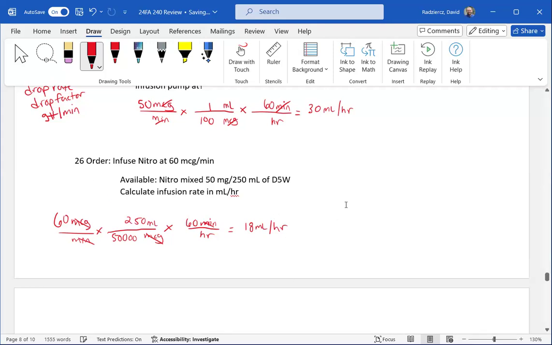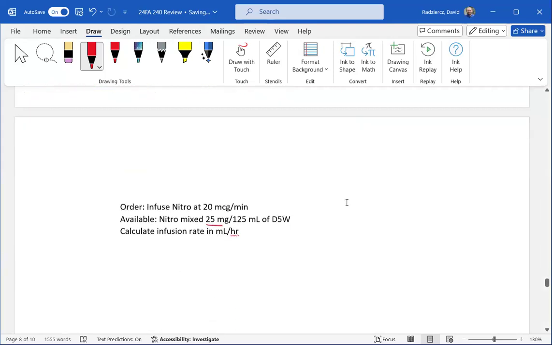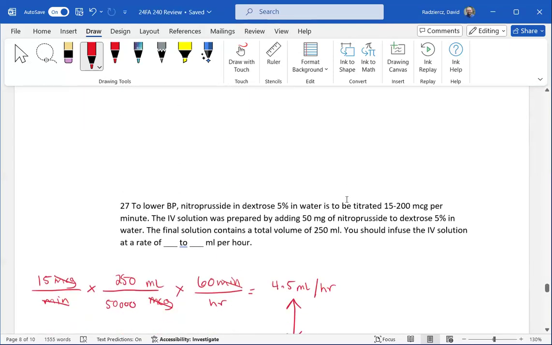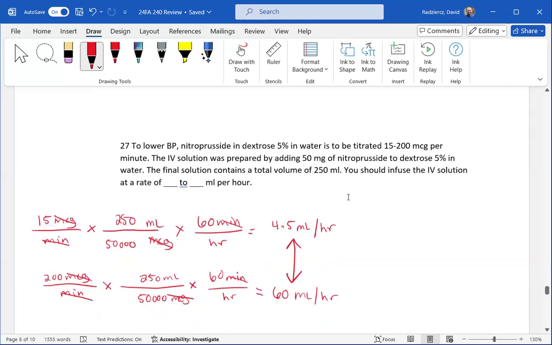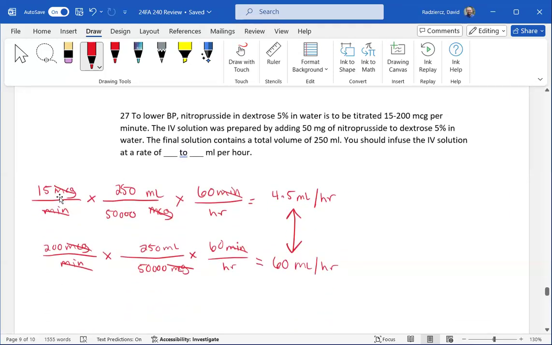So that's what these nitro ones are. There might be one. I just want to see if there's another. This is a range one. I don't think you would see a question like this. This is very similar to what you kind of did in 230 in the pediatric dosages, where you calculate like a range. And that's what they're showing you is the range.